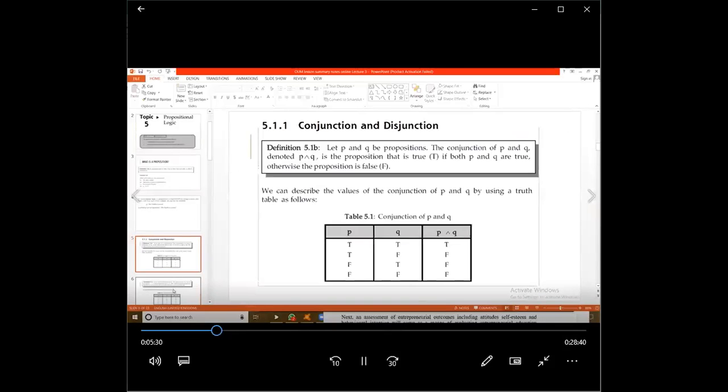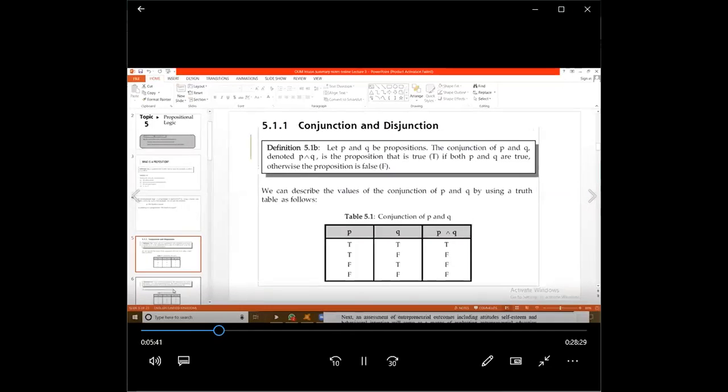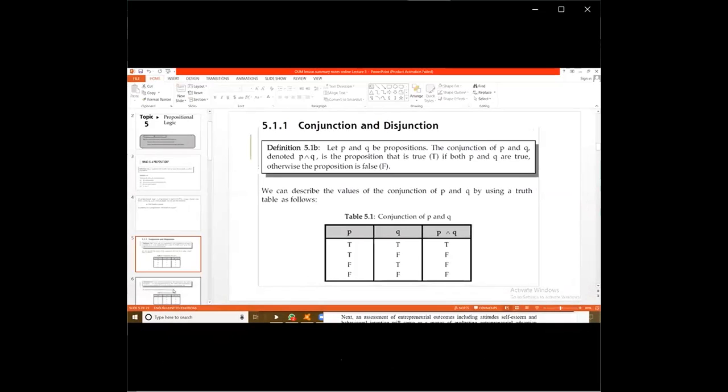Now, one or more statements can be put together to form compound statements. To do that, there are a number of rules which are used to combine statements.